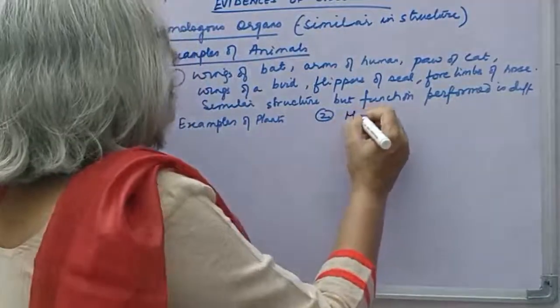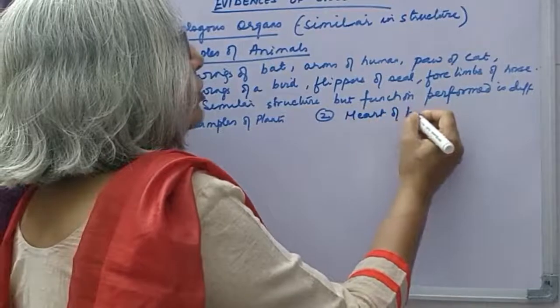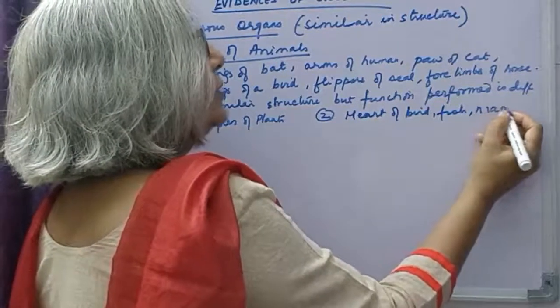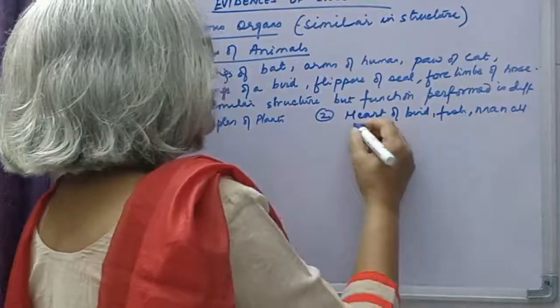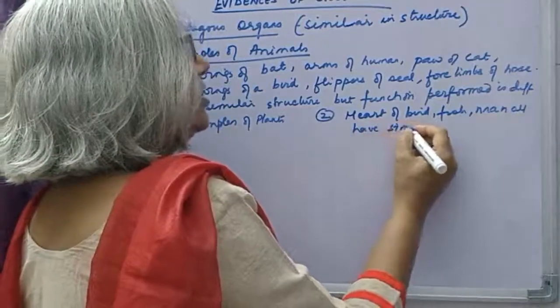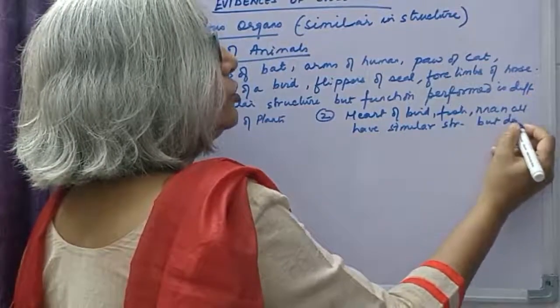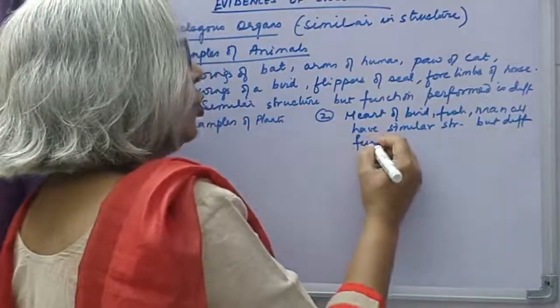So the second example is the heart of bird, fish, man. All have similar structure but different function due to different mode of life.